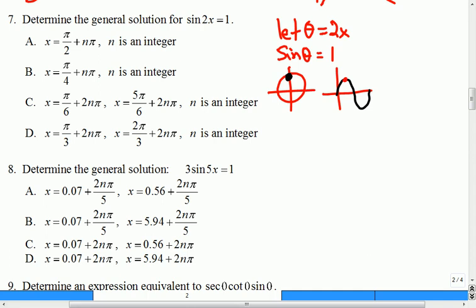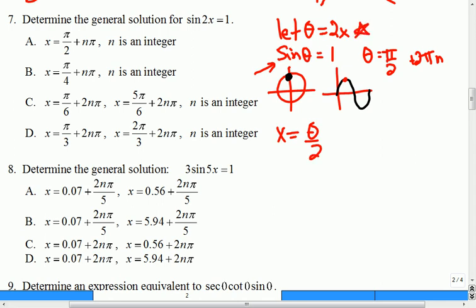In either case, we're going to get theta equals pi over 2. And if we wanted the general solution for theta, we'd add 2 pi n, because that's the period of this graph. But the problem is we weren't asked to solve for theta, we were asked to solve for x. So in this case, x equals half of theta.